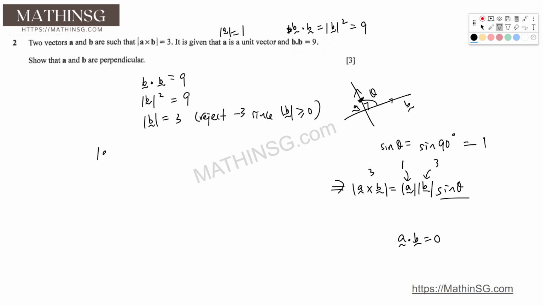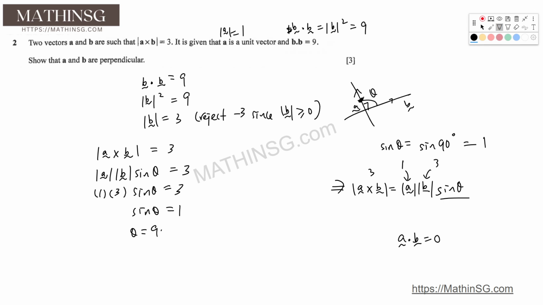Okay, so now let's write this. Mod A cross B is equal to 3, and mod A cross B is equal to mod A mod B sine theta. And we know that mod A is 1, mod B is 3. So we know that sine theta is equal to 1, so theta is equal to 90 degrees.